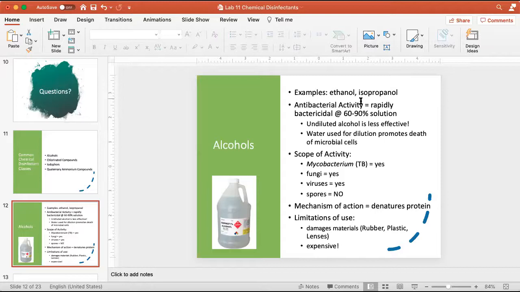Now, alcohol is what we consider rapidly bactericidal. And what I mean by that is it kills bacterial cells in seconds. So if you go back to my example of somebody spraying and then immediately wiping it, that's okay with alcohol because alcohol works that quickly.